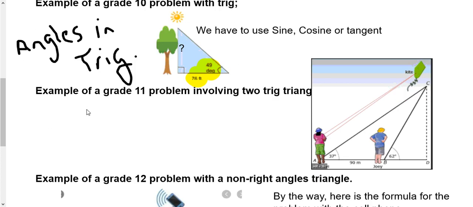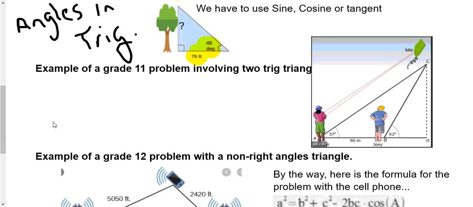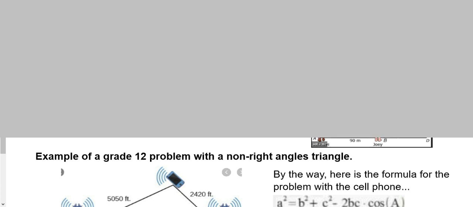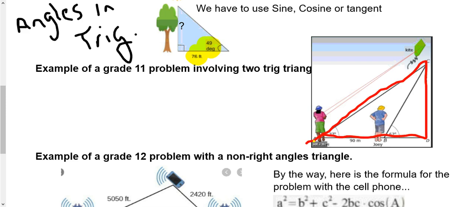Okay, now let's have a look at what happens in grade 11. So in grade 11, we've got a problem with two triangles for trigonometry. Now, what we call these guys, we would call them a nested triangle. So I've got a right triangle there, and then I've got a right triangle here. So they both share that right angle.